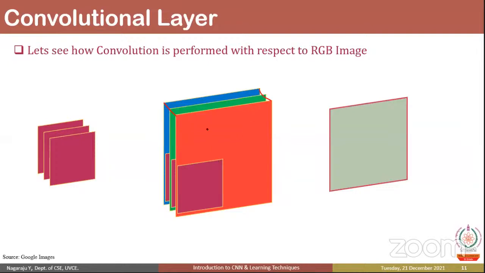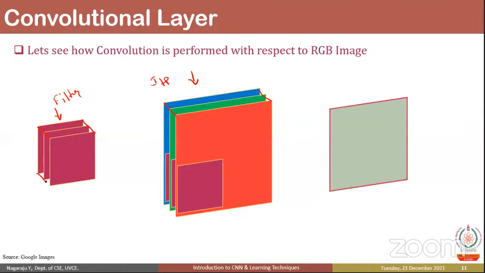How to perform it? It's very simple. Here we have an assumption. This is our input, and this is our filter. Whatever filters we use for extracting features from RGB images are in the form of a volume.